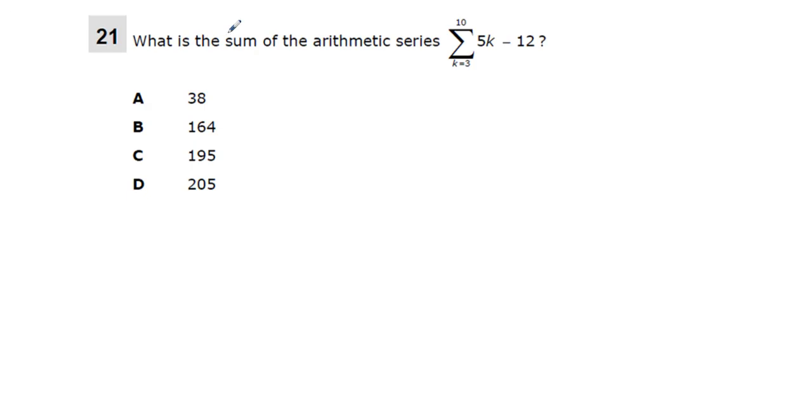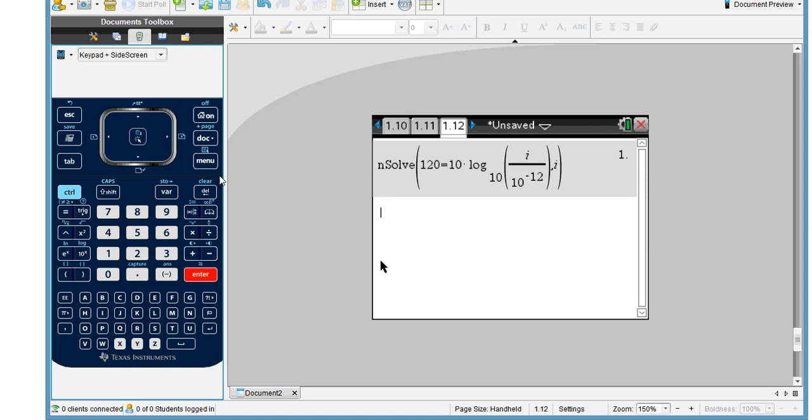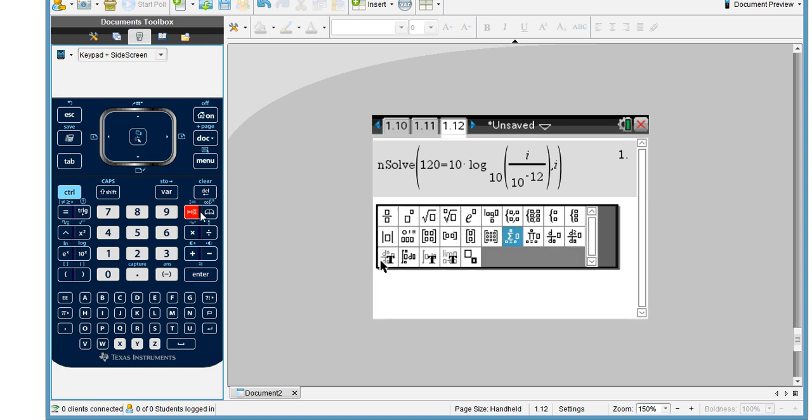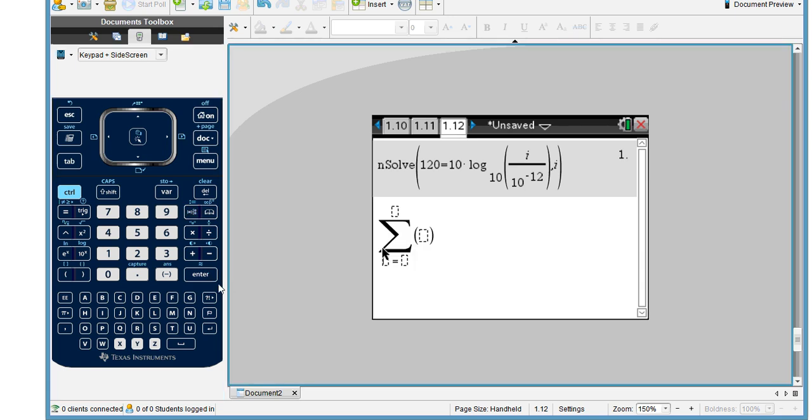Problem 21, what is the sum of the arithmetic series? Again, at this time in this class, I haven't gone over this yet. How do you do this in a calculator? If I go to my calculator, it really shows how to do that. We go right next to the 9 key, and we have this icon right here in the middle row toward the right. We press that, and we enter k equals 3.